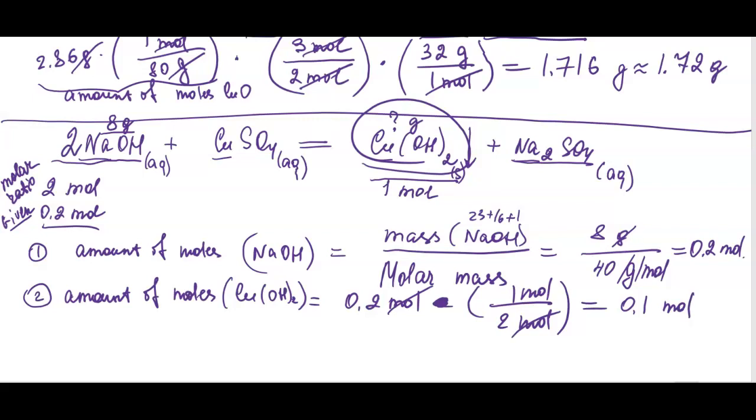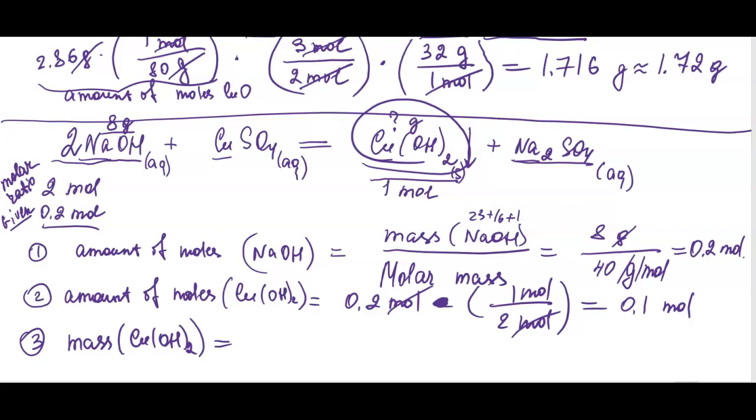And the third step, we need to calculate the mass of copper hydroxide. To do that, we need to use this formula, right? So mass and amount of moles are connected through molar mass.